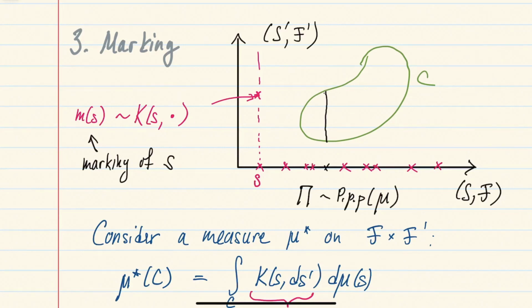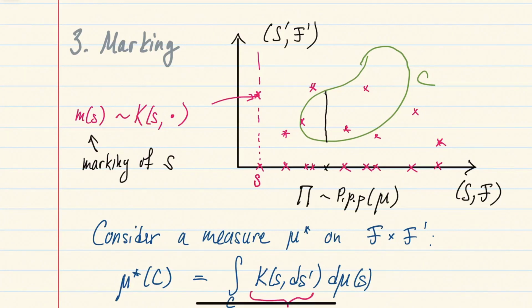And then we'll do the same thing for every point in our Poisson point process pi. So you pick some random marking for each point according to this transition kernel. And each of these markings will be independent for every point S in the Poisson point process.